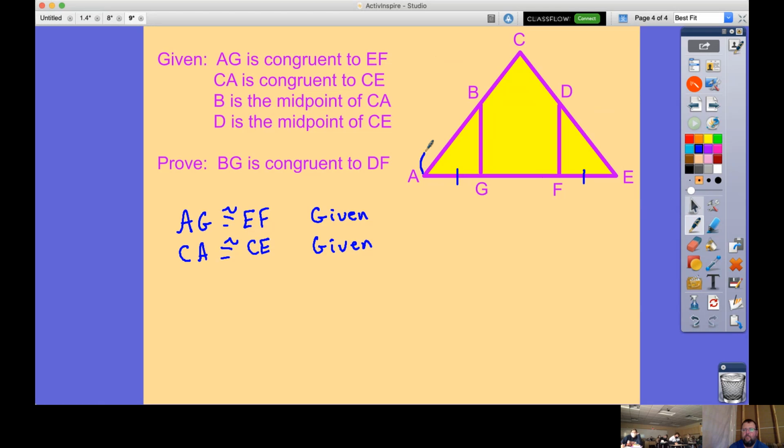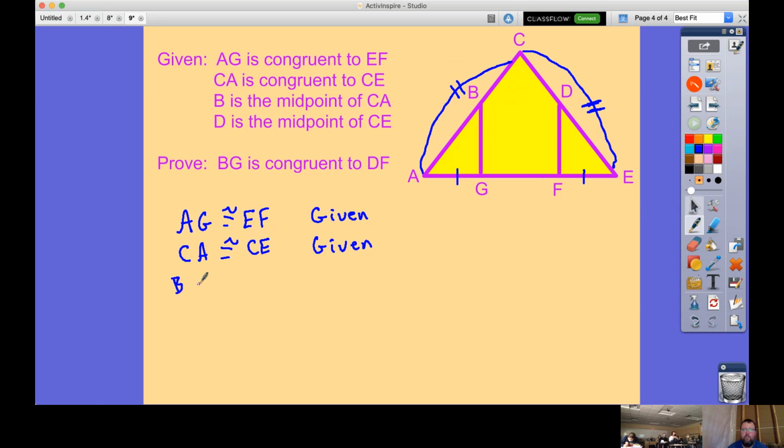Now this one's going to be harder to mark. So kind of what I like to do is maybe draw in a line showing that those two are equivalent. It's about the best we can do there.